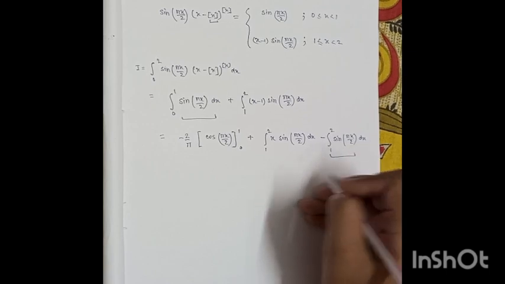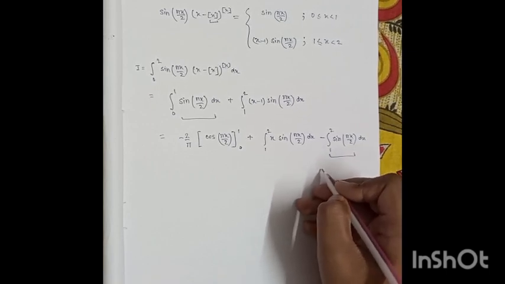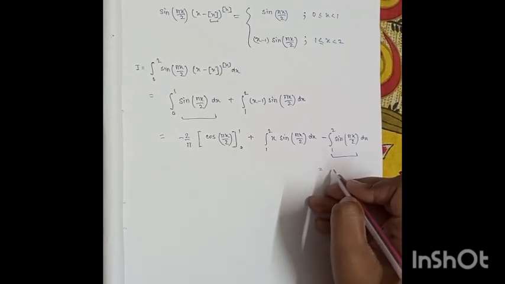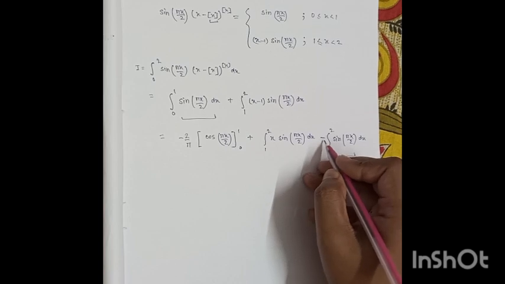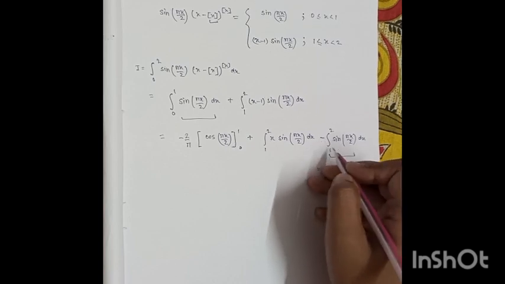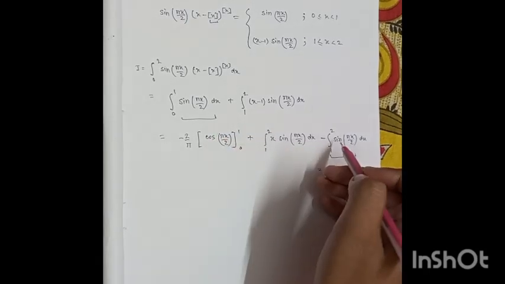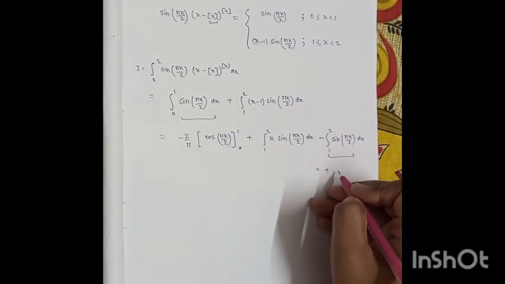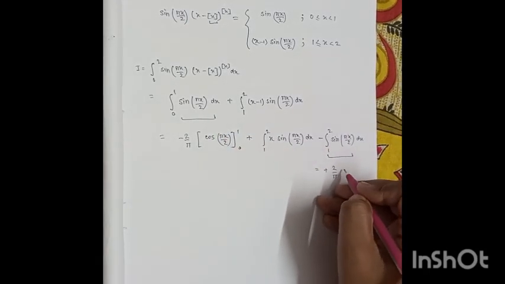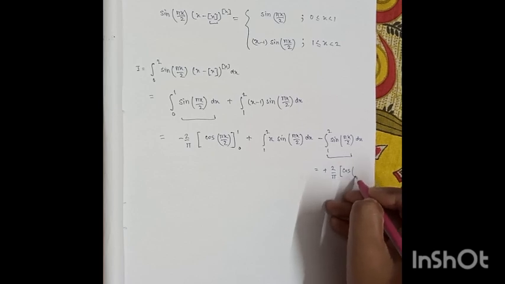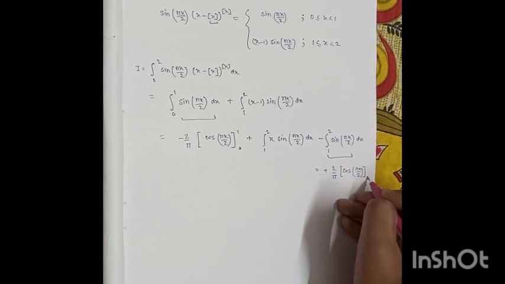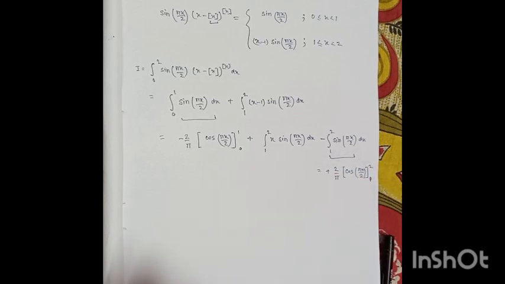Now this part is also quite simple. It will be simply what? So there is a minus sign outside, so the minus and the minus from integration will cancel each other. So it will be plus 2 over pi cos of pi x by 2 with limits 1 to 2.